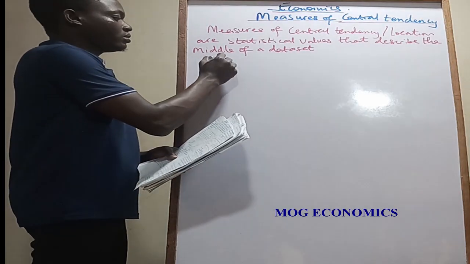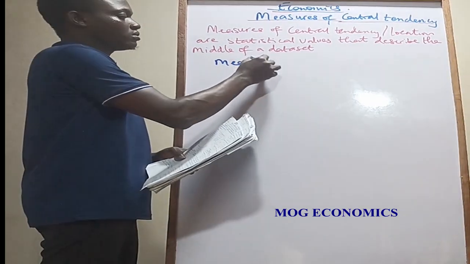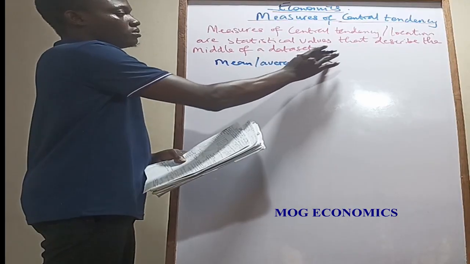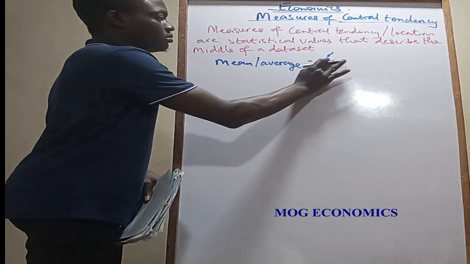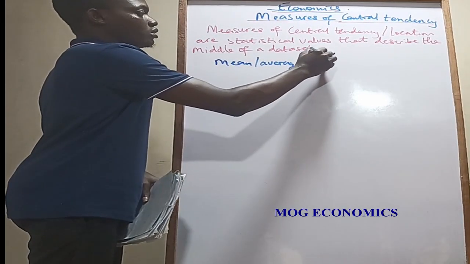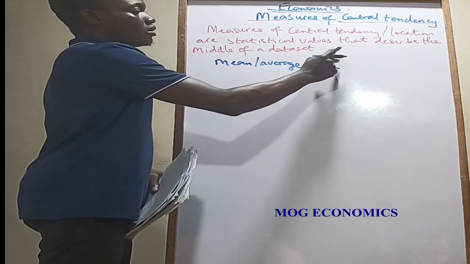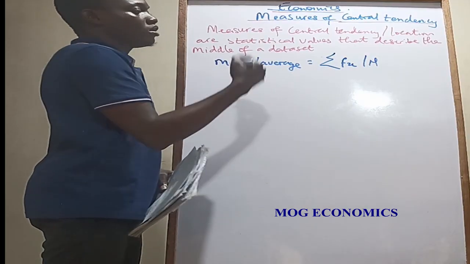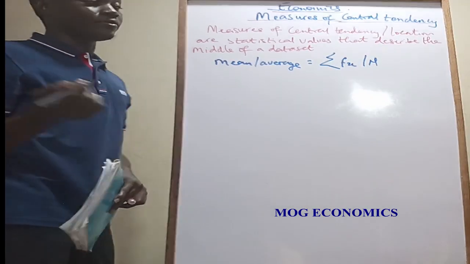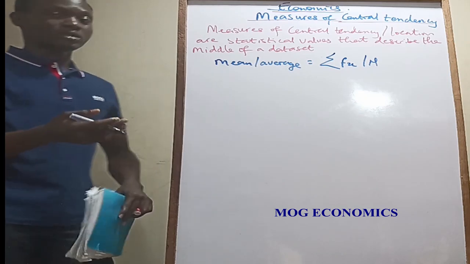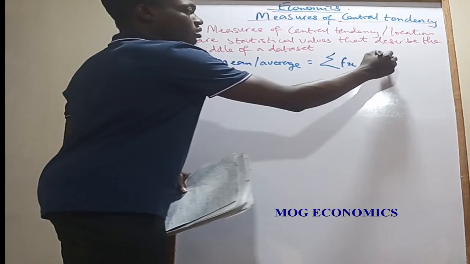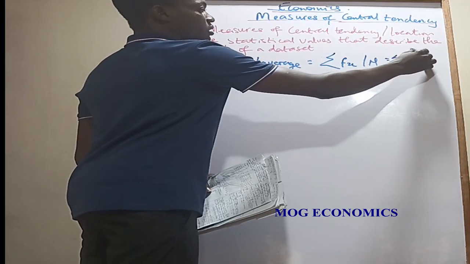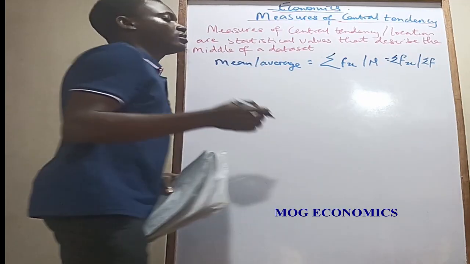Your mean, otherwise known as the average value, is the sum, the sigma sign of fx divided by n, or sum of fx divided by sum of f. So n is just the sum of frequencies, so it is otherwise known as the sum of fx divided by the sum of the frequencies.